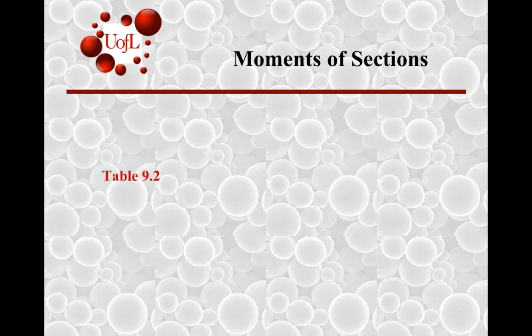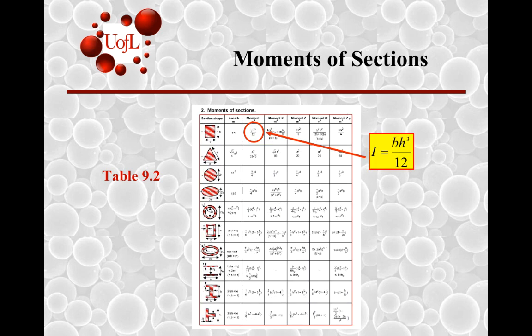If you look at table 9.2 in your textbook, you will come to some version of this where a number of different shapes that are commonly available in designs and various attributes, including the area for a given shape, that is the cross-sectional area, and various moments, area moment I, moment Z, moment K for torsion, moment Q, and so on.